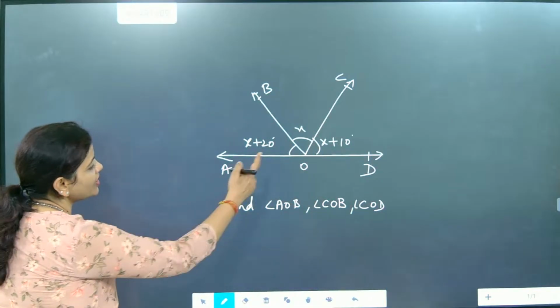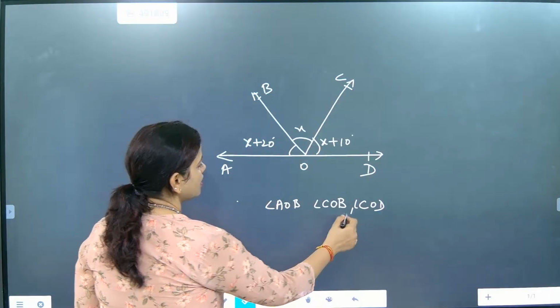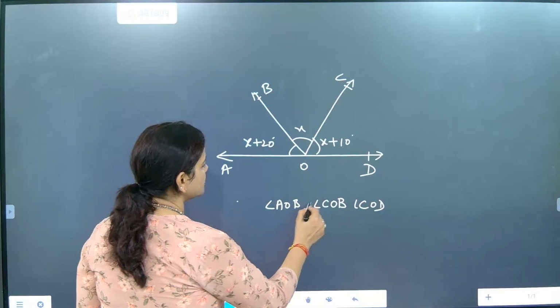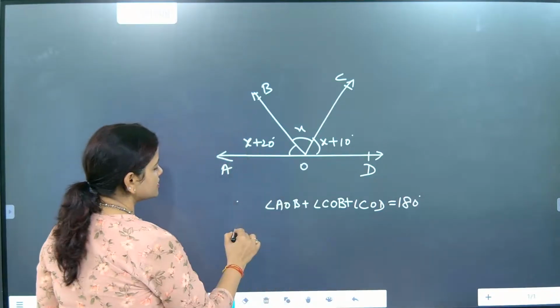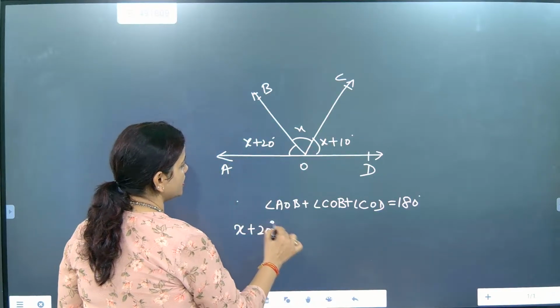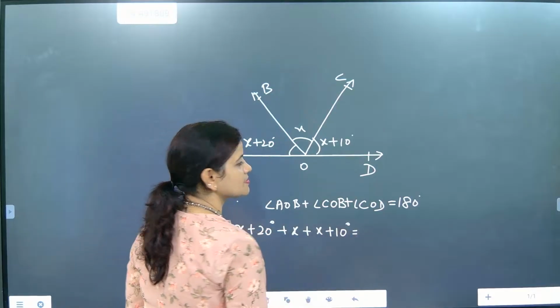See here, all the three angles, what you need to do? Only these three angles, I'm just removing this one. You have to just add all these three angles and equal to 180 degree. So it is coming as x plus 20 degree plus x plus 10 degree.